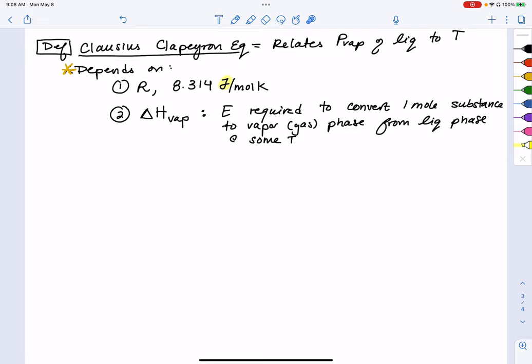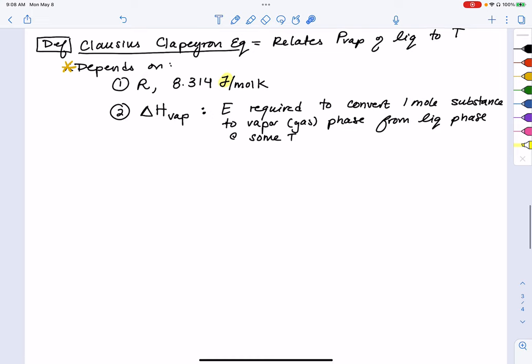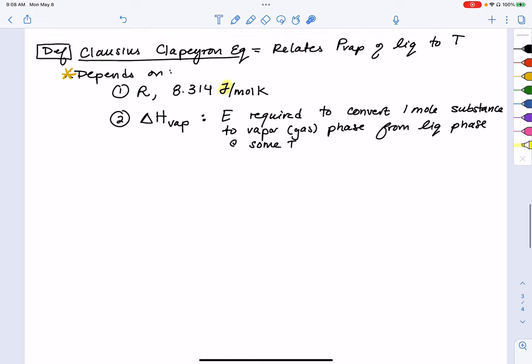You've seen the heat of fusion a lot in homework number 10. Here we're now talking about the heat of vaporization, or the energy required just to undergo the phase change.